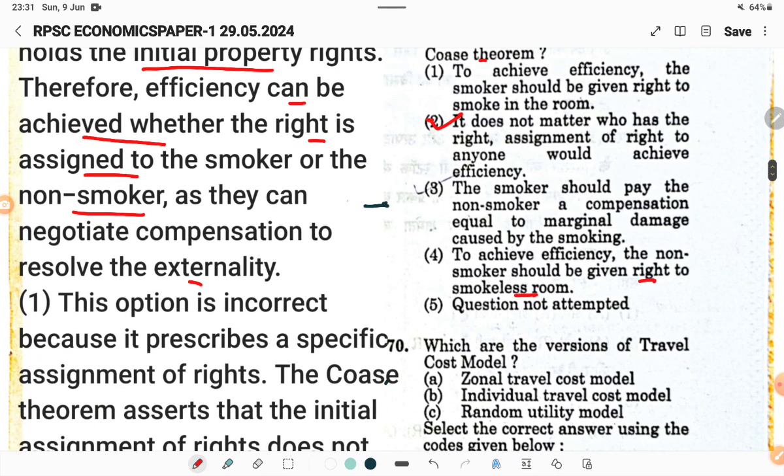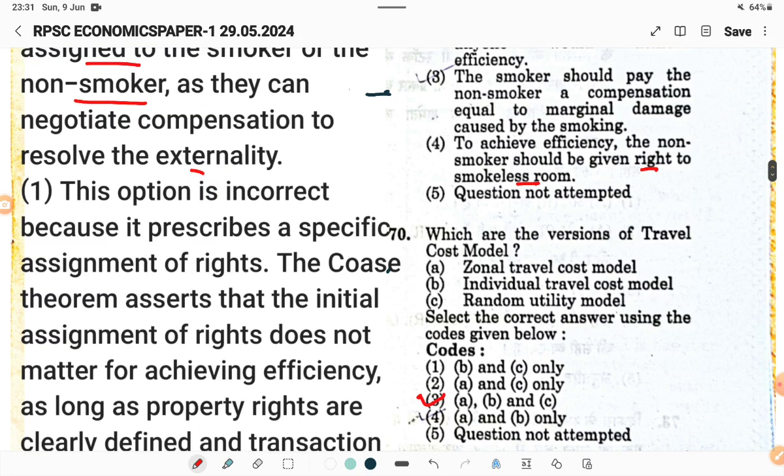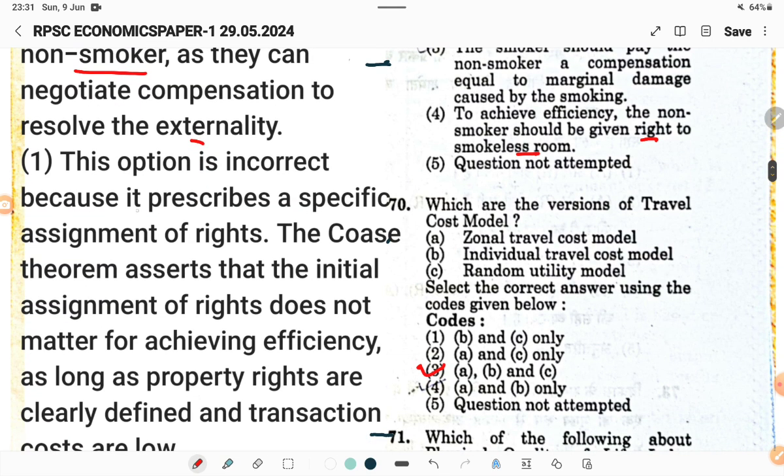And why are the first, third and fourth wrong, or not appropriate answers here? The first statement, to achieve efficiency the smoker should be given the right to smoke in the room, is incorrect because it prescribes a specific assignment of rights.